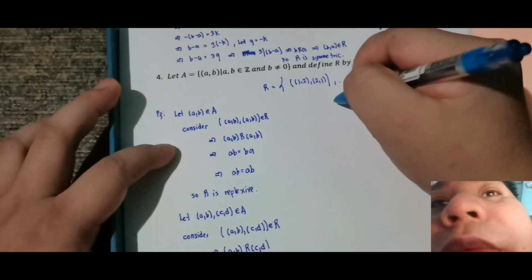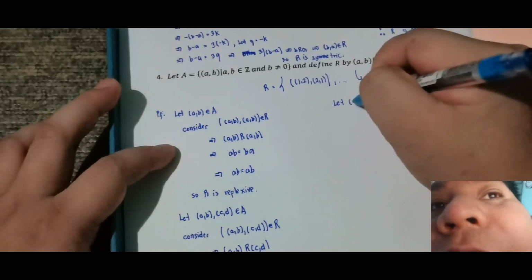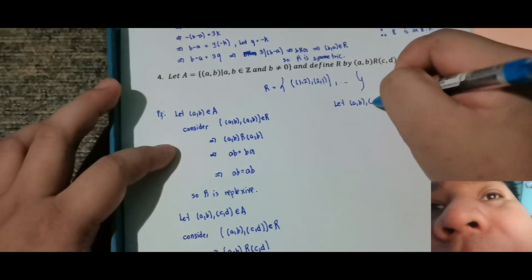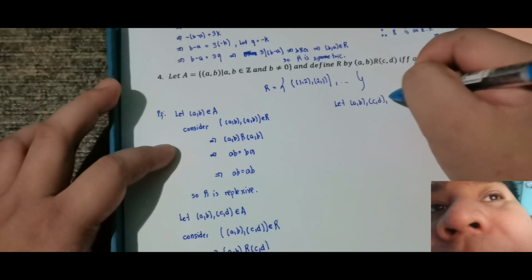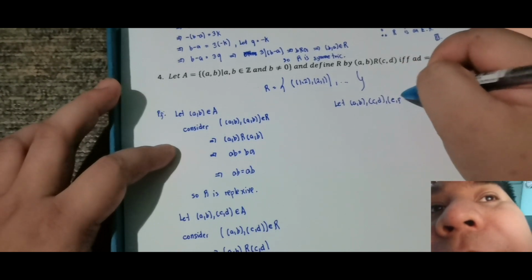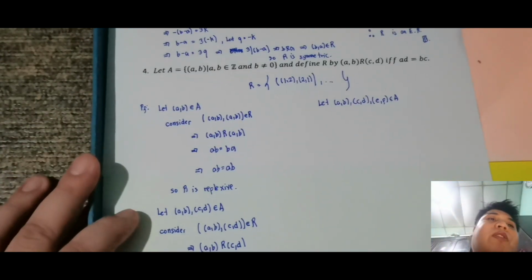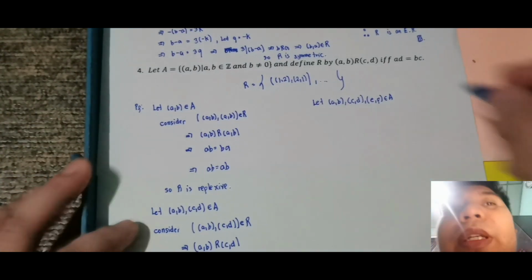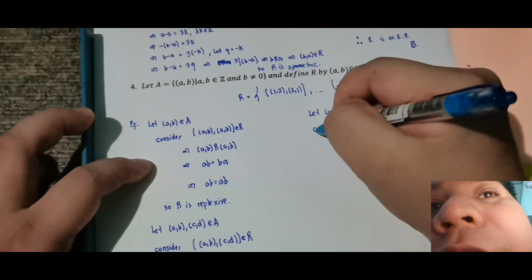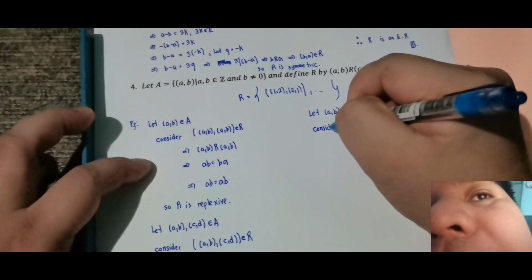So, let AB, CD, and EF be elements of A. Okay, so ang goal naman natin dapat si AB. So, consider natin yung dalawang bagay.